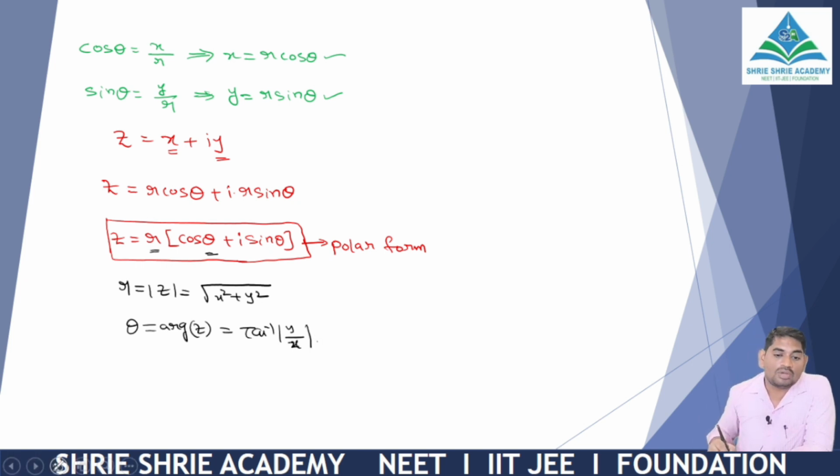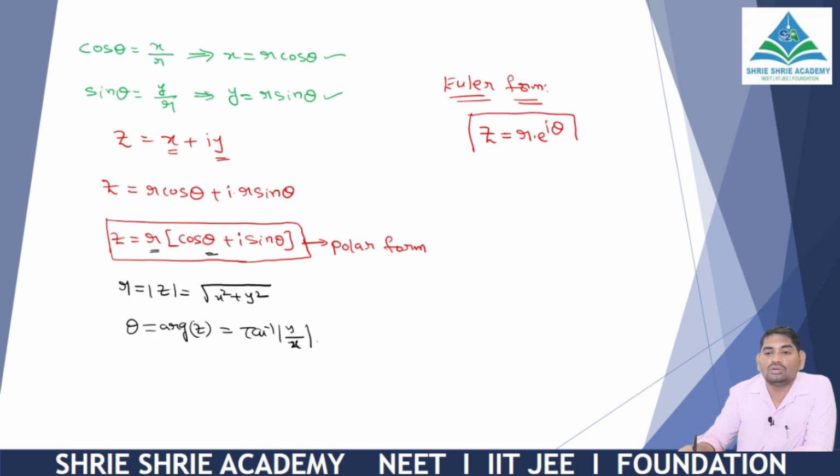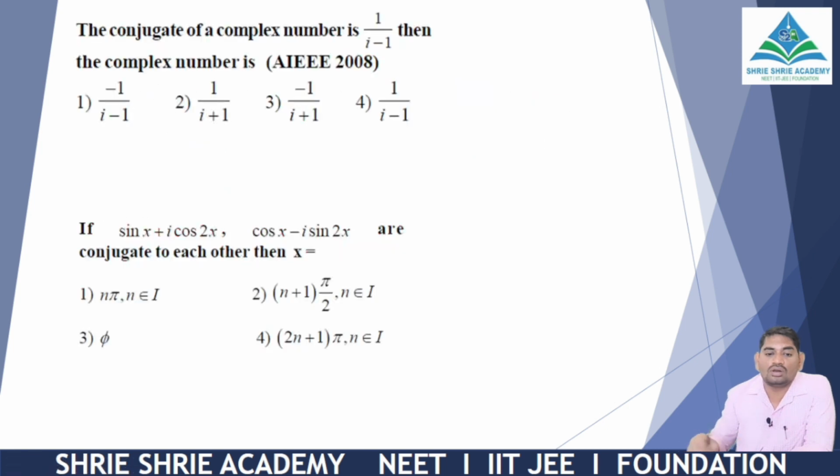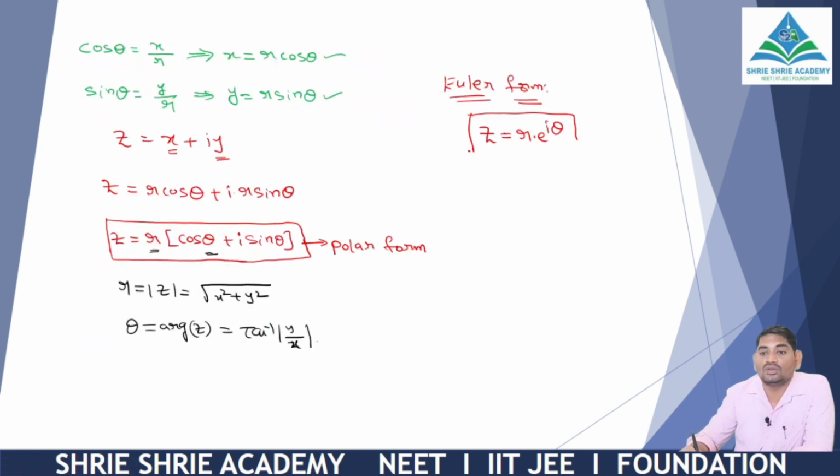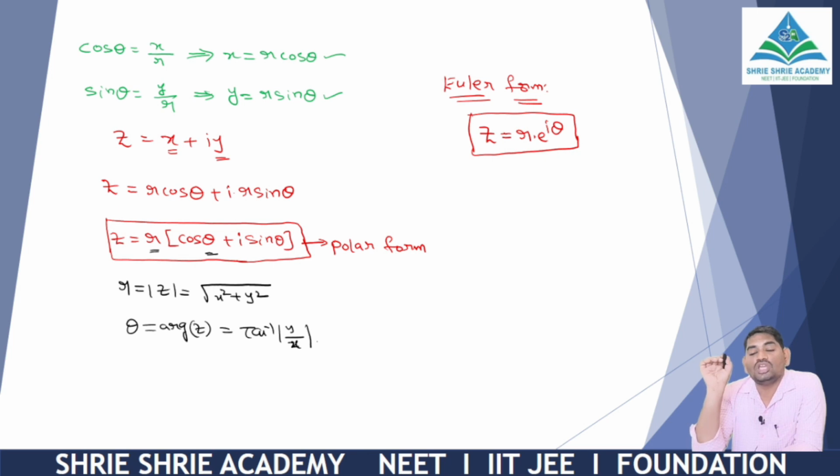Then the third form of a complex number, the Euler form. So what is the Euler form of a complex number now? z is equal to r into e power i theta, where e is called the Euler constant. z is equal to r into e power i theta, which is called the Euler form of a complex number.